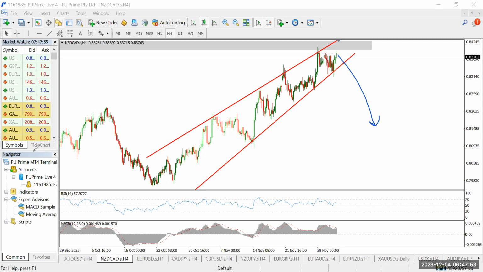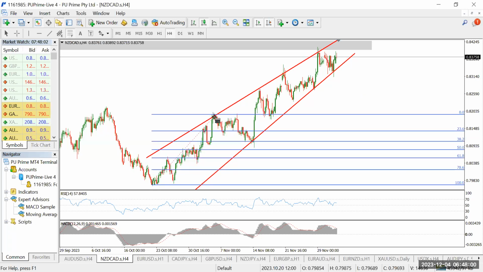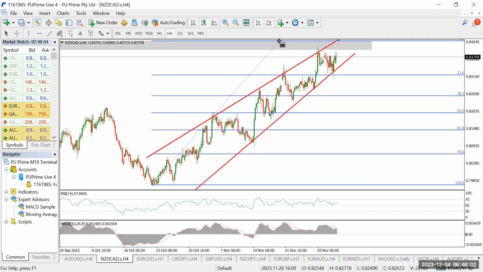It's equally expected to be a swing trade, so I'll be looking for a bearish breakout on the 4-hour time frame. And using Fibonacci also, I can look at projected profit level on this instrument going downwards. So I'm also bearish biased on New Zealand CAD, and I can use my Fibonacci for profit-taking levels.